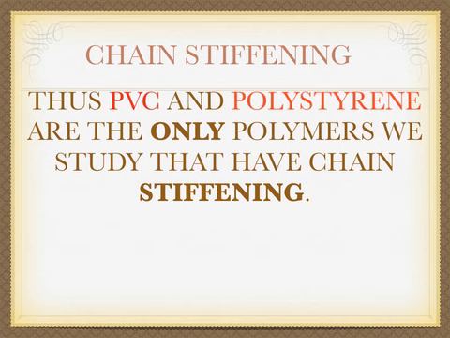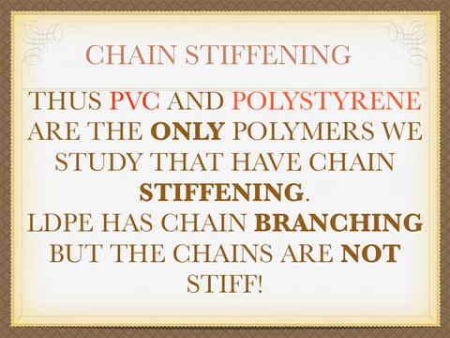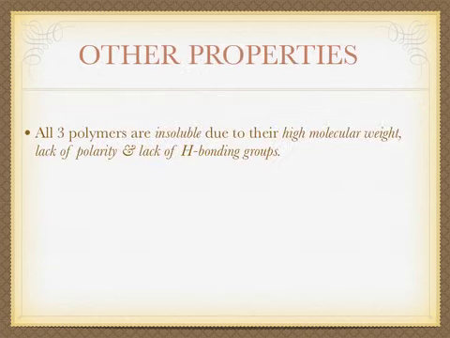Rather, the side chains lock together and therefore stiffen the overall polymer, making it very hard, rigid and tough. Low density polyethylene has chain branching, but because the chains are not stiff, we end up with a much more flexible, malleable polymer. Now, some of the other properties that you need to examine in these polymers are as follows.